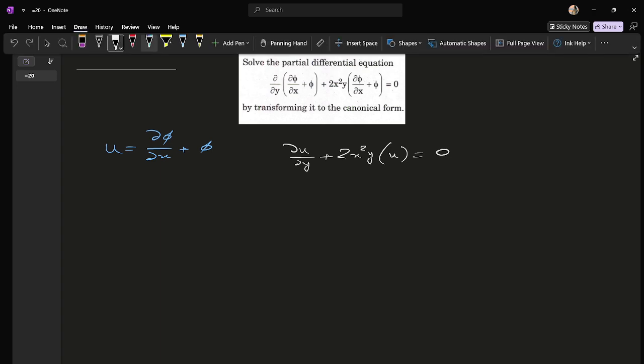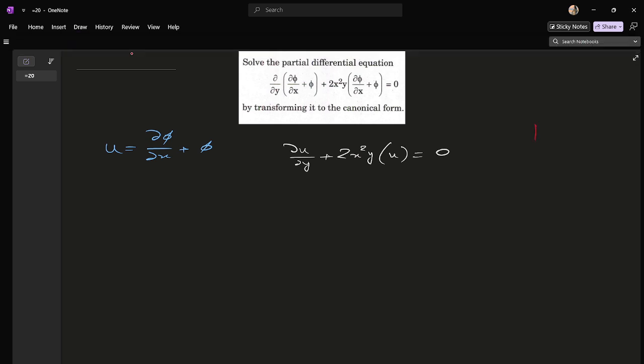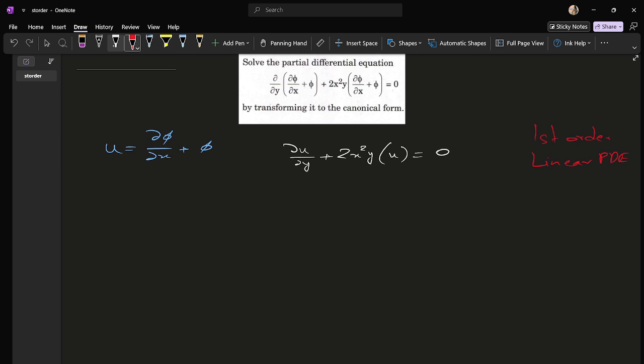Now we can see that this is a first order linear PDE in u.